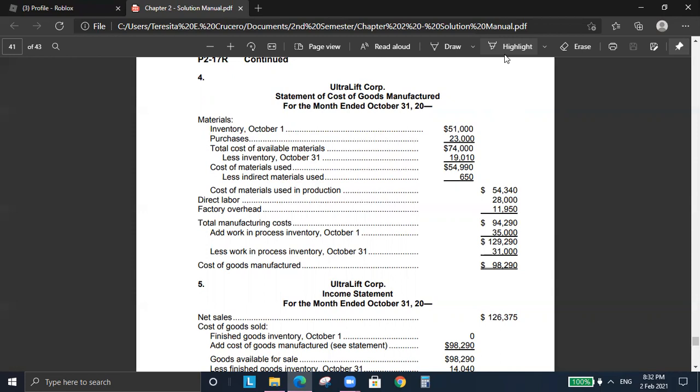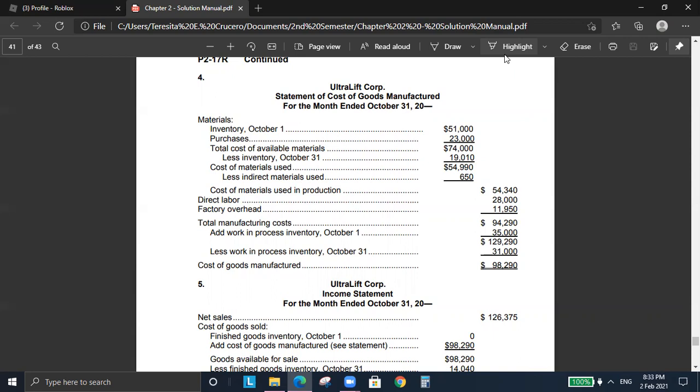We deduct the indirect materials used. You are given the amount of indirect materials used. The balance is your cost of materials used in production of 54,340. And then we add direct labor and factory overhead.